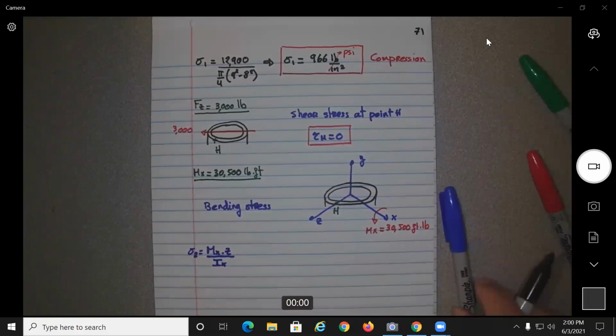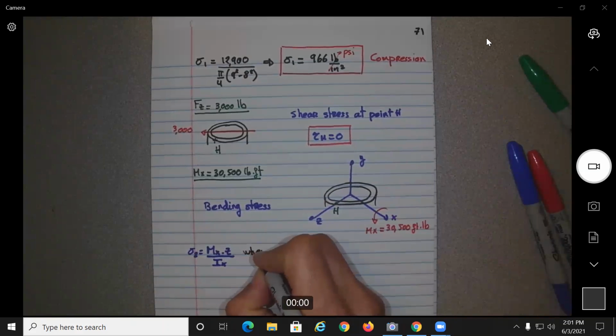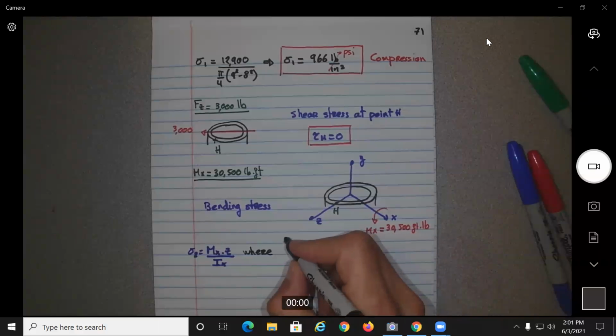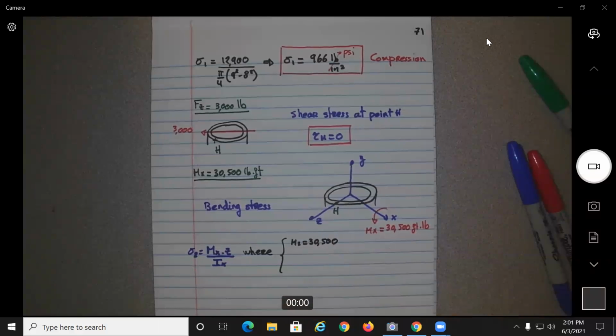Okay, where we know that Mx is equal to 30,500. What would be z?